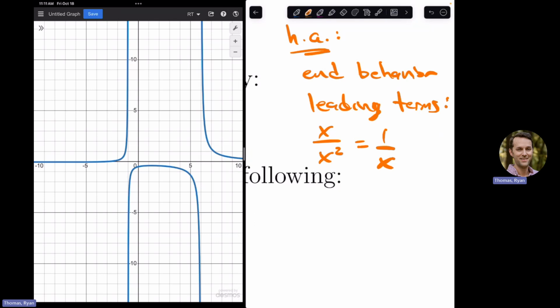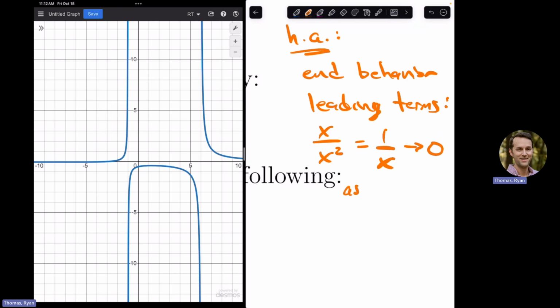If x is really, really big, what does 1 over x start to look more and more like? I'll move the calculator out. What's 1 divided by, I don't know, 1,000? You're like 0.001 or something, right? So the further out we go, the more and more this starts to look like 0.